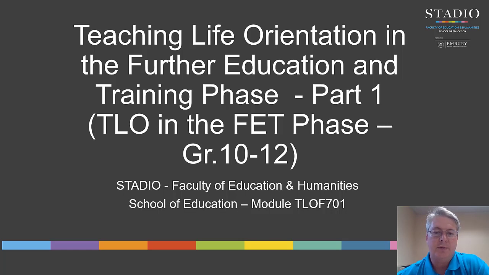This is teaching life orientation in the FET phase, so it's normally grade 10 to 12 students, and they are generally between the ages of 15, 16 to 18 years of age. This, of course, is a module in the Stadio Faculty of Education and Humanities in the School of Education. And then the module code, just so you get to know it, is TLOF701.